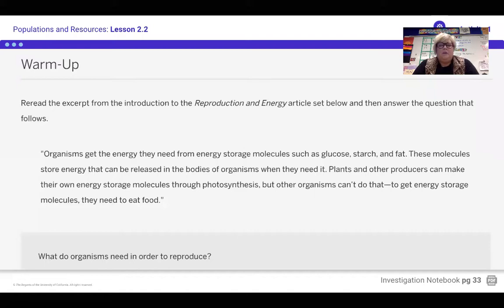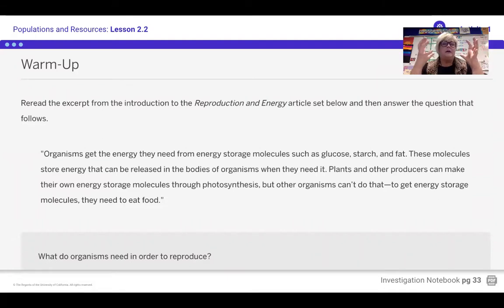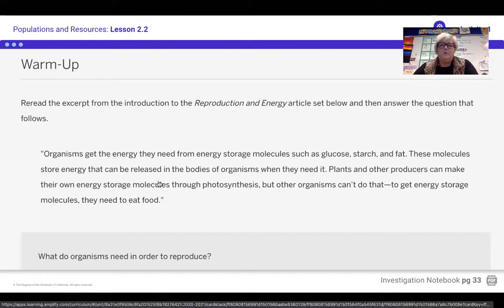If you'll remember last time we saw each other, we read the packets of articles that talked about how different organisms, different consumer populations received their energy, and the relationship between energy and reproduction. So we've got this little excerpt here. I'm going to let you guys read that and then go ahead and answer the question, what do organisms need in order to reproduce? Mrs. Thomas, I'm going to have you stop the video when the students are ready to move on. Maybe you guys can kind of talk about this.